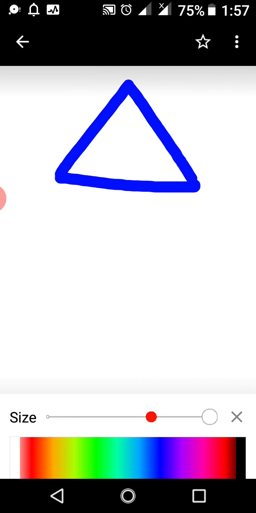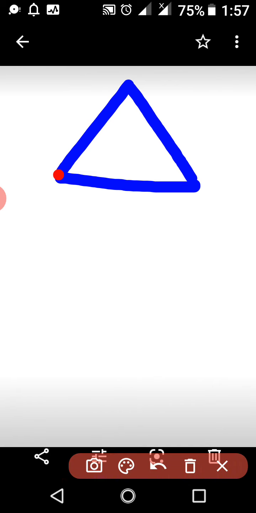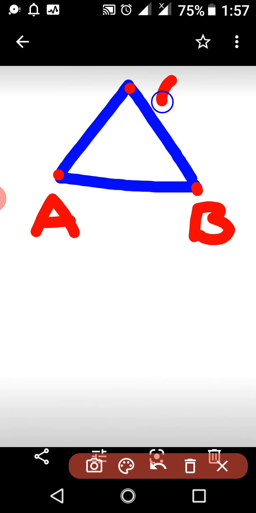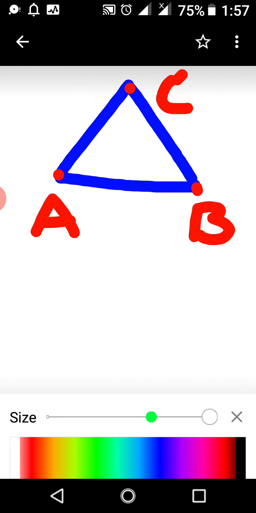Now I am going to take one more polygon, triangle. Already we know triangle has 3 sides. These corner points A, B, C here. Now what are the vertices for this diagram?